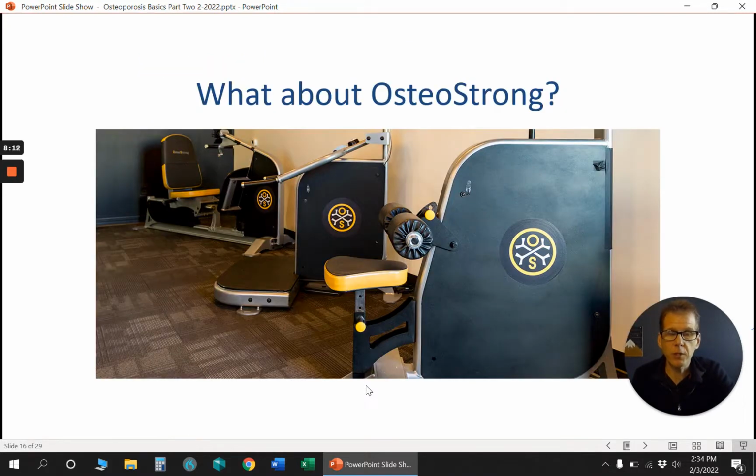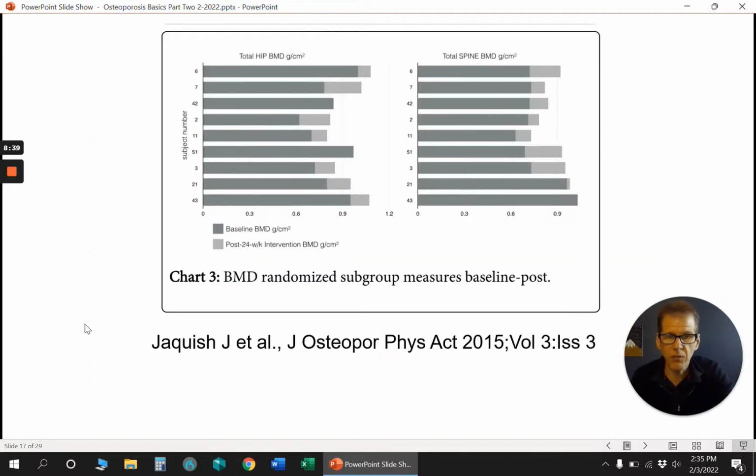I get a lot of questions here about something called OsteoStrong, which is heavily marketed in our area here in Boulder County. With OsteoStrong, people go basically for about 15 minutes a week, and using 4 machines try to develop essentially isometric muscle strength. And there's a small amount of data that says that this can be helpful for bones. Now, on their website, they talk about dramatic improvements, but what I will tell you is that the data they have comes from 9 people.